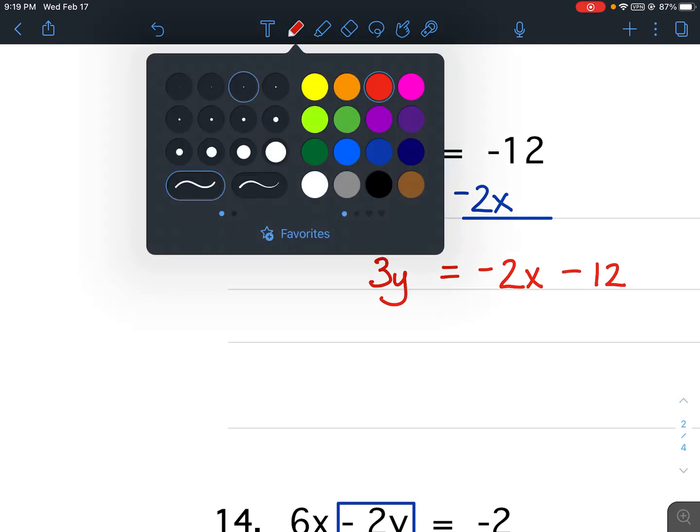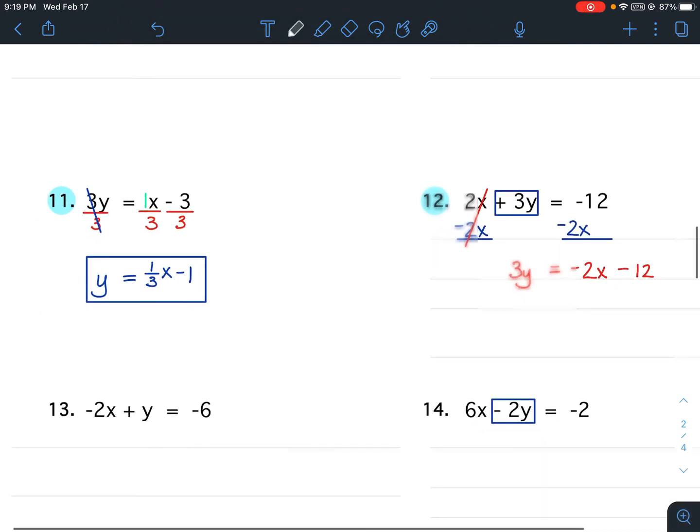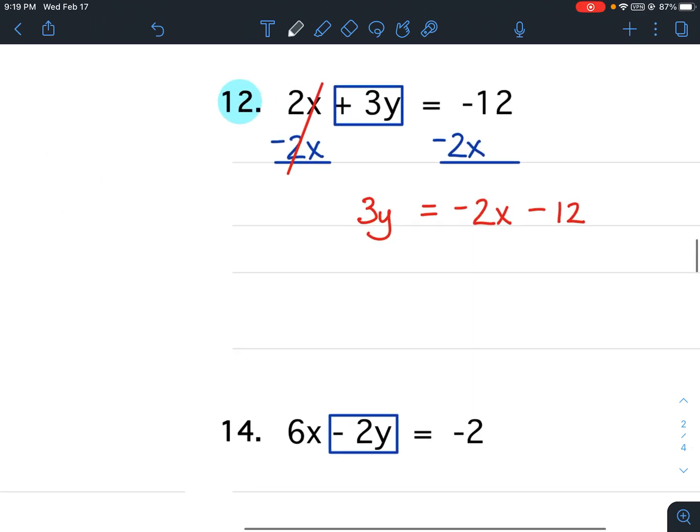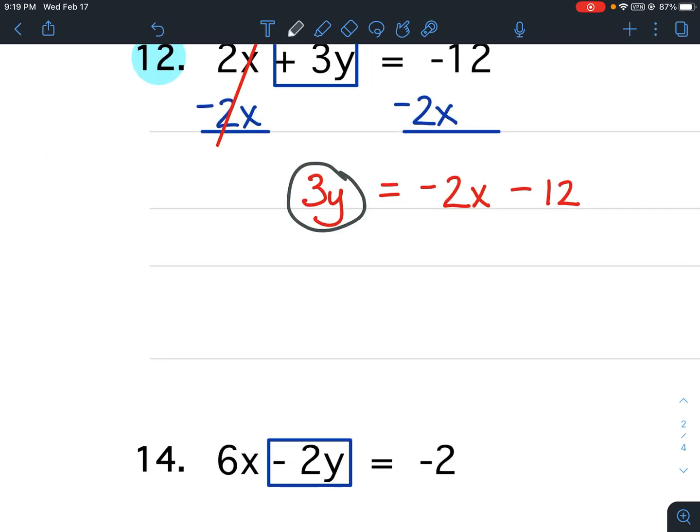All right. The last step here is very similar to the problem that we did over here. I need to isolate the y. This right here is multiplication. So the inverse to multiplication is division. So I'm going to divide every term by 3.